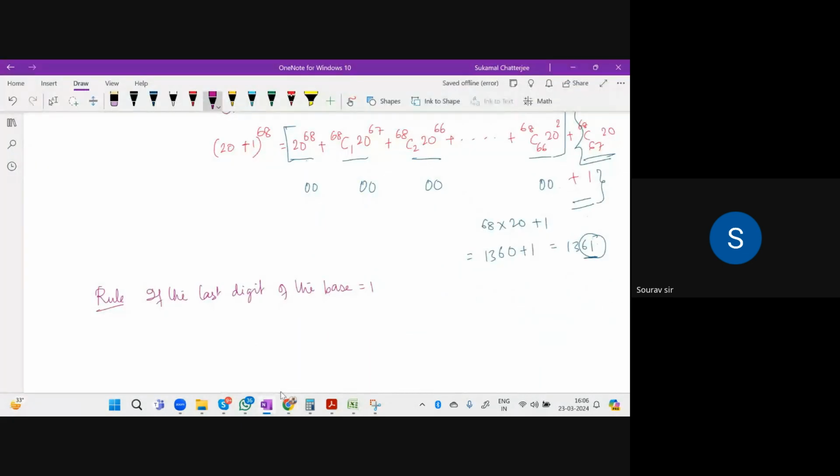If the last digit of the base is 1, then multiply the second last digit of the base and the last digit of the power.